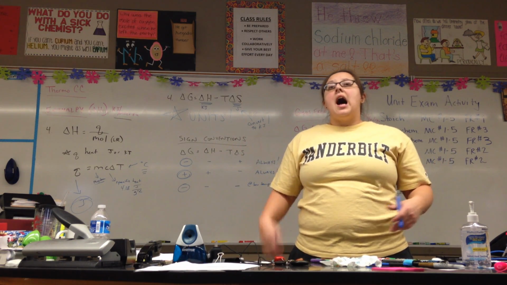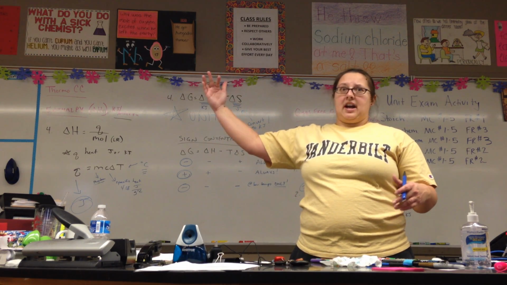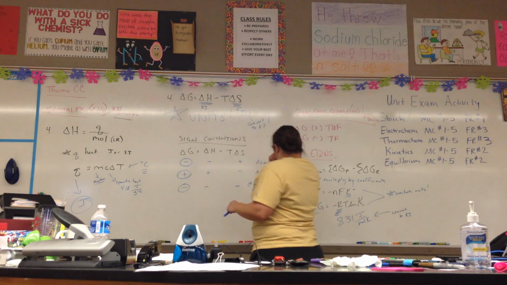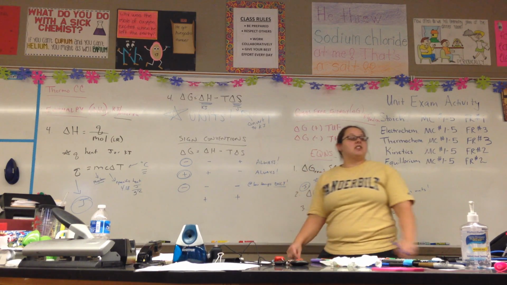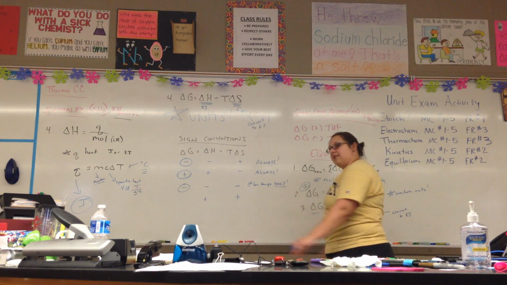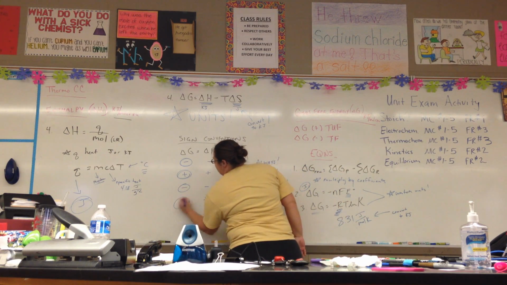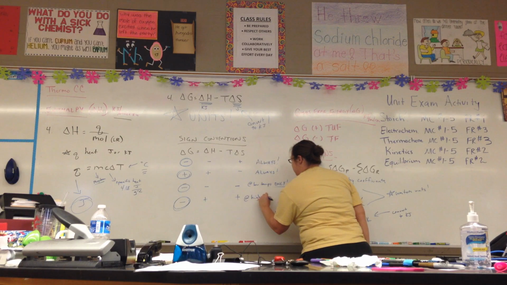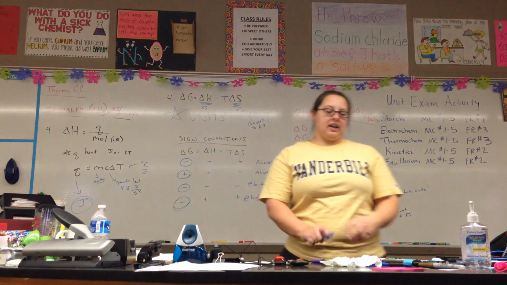Higher temperatures would be probably around 400 and above. If both delta H and delta S are positive, then delta G is negative only at high temperatures. And those are your sign conventions.